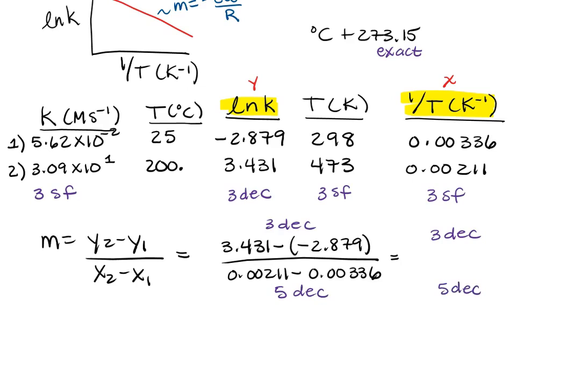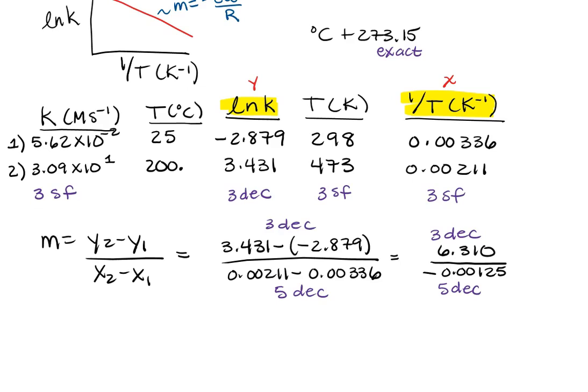So doing the math, we end up with 6.310 in the numerator and negative 0.00125 in the denominator. Now I said that I was going to incorporate the units in a little bit. I didn't do that yet.